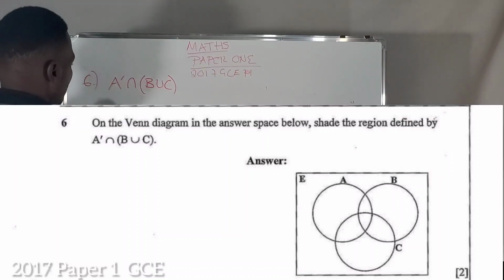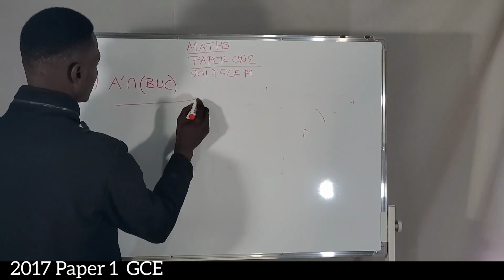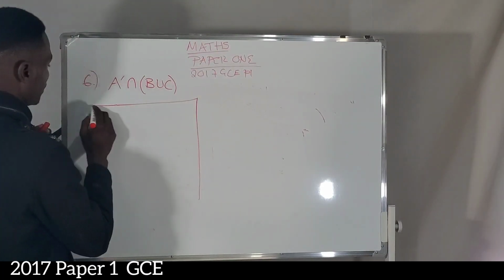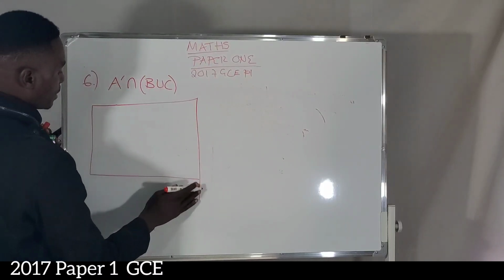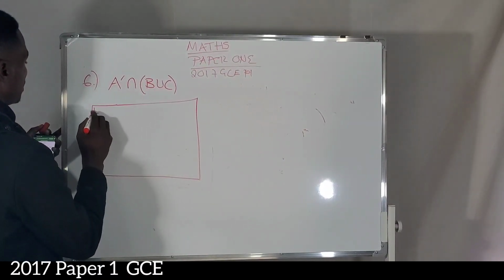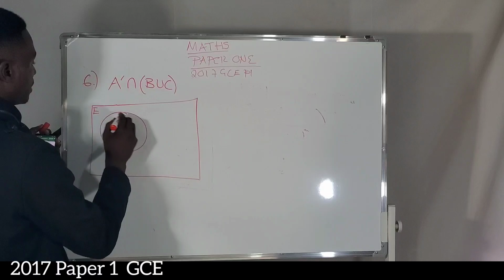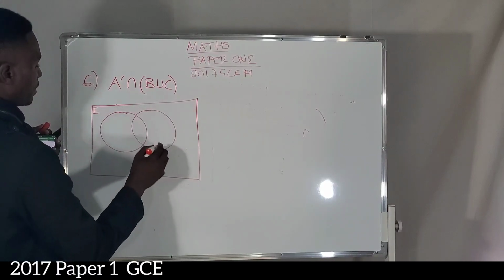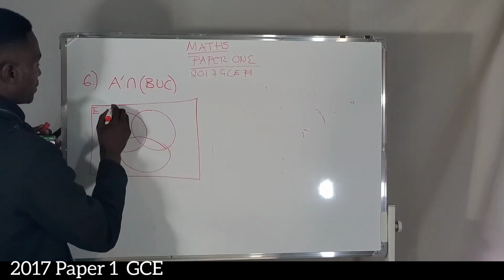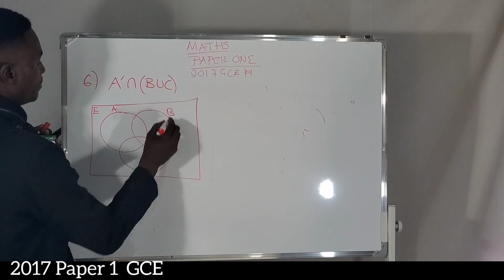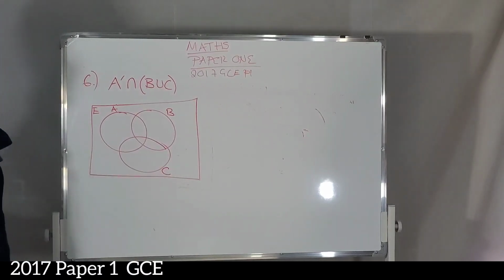Then in the answer space provided, it's like this. So this is A, B, and C.